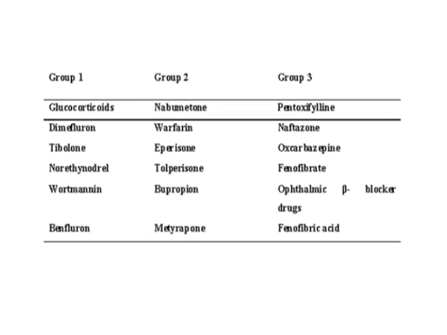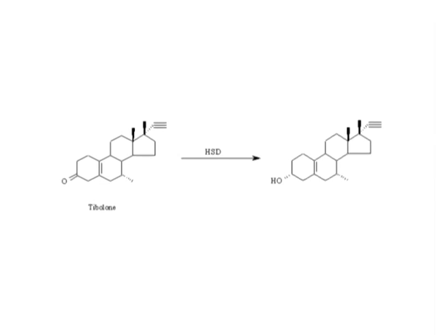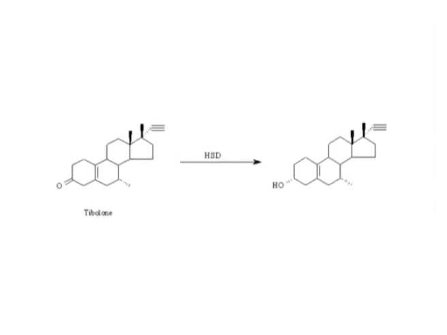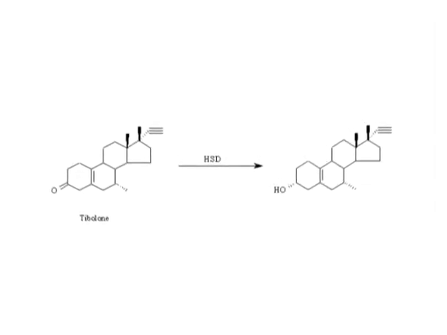Group 2 tolperisone. Group 3 fenofibrate. Group 1 wortmannin. Group 2 bupropion. Group 3 ophthalmic beta blocker drugs. Group 1 benfluron. Group 2 metyrapone. Group 3 fenofibric acid. Tibolone is metabolized by HSD by carbonyl reduction metabolism.